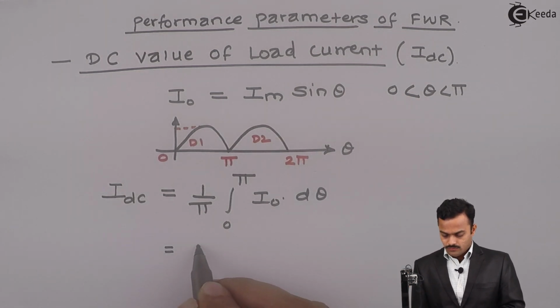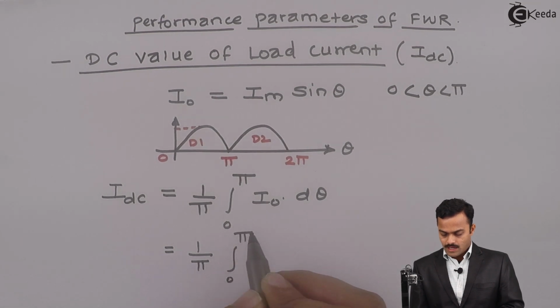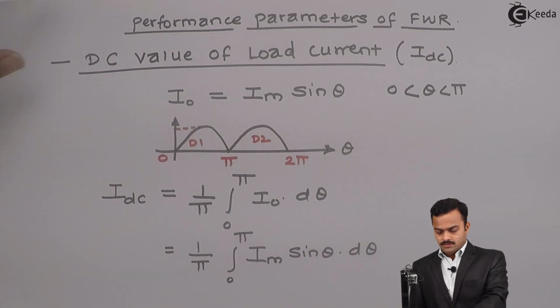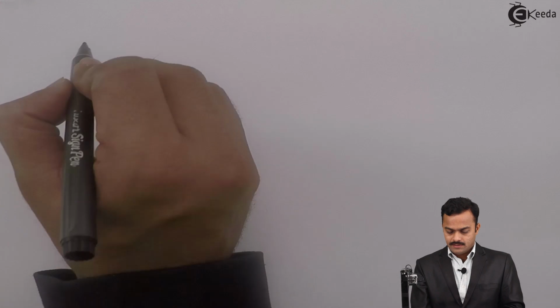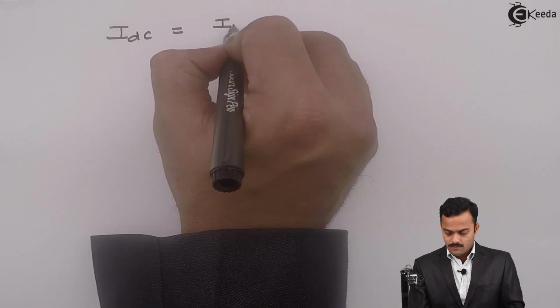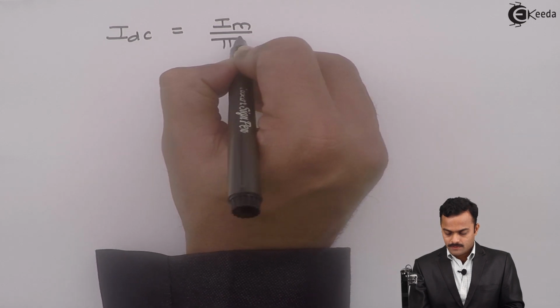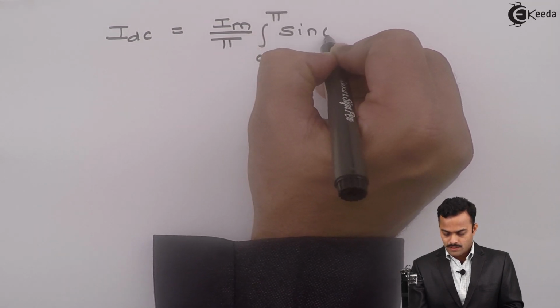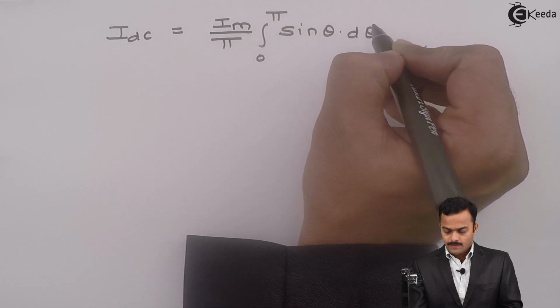So this is equal to 1 upon pi integral 0 to pi, and I0 is Im sin theta d theta. So if I simplify further, I will get IDC equal to Im by pi integral 0 to pi sin theta d theta.